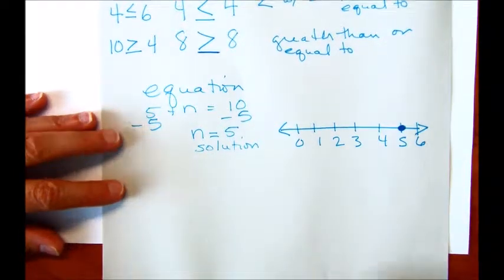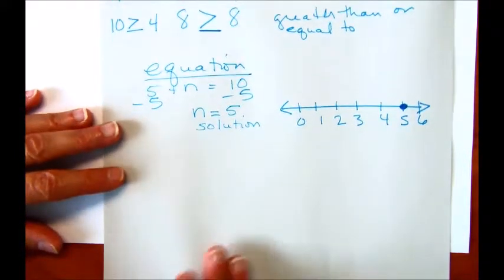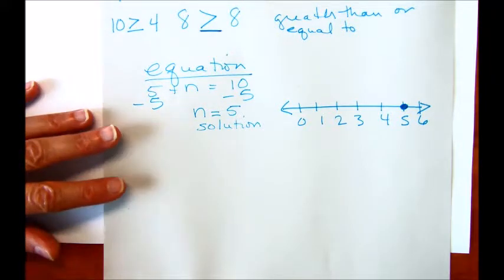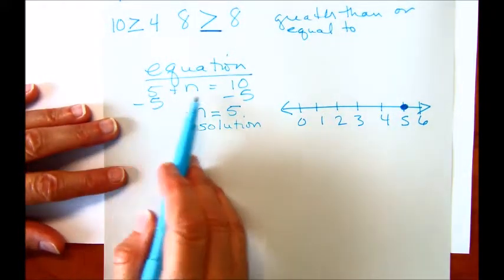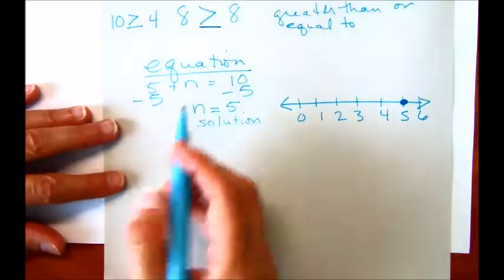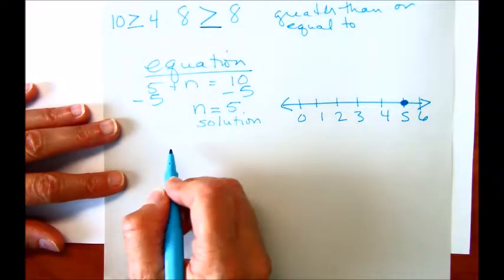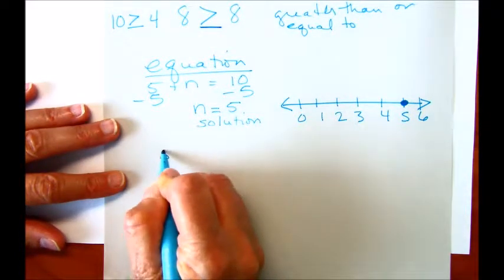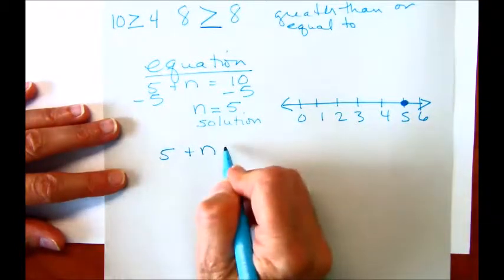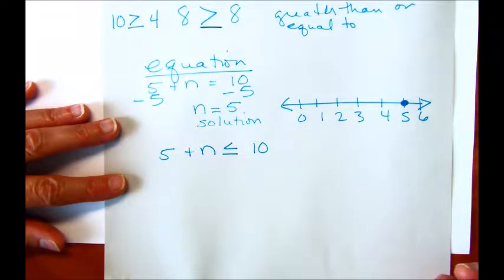All right, now this is an example of an equation. I'm going to give you a view of what it would look like as an inequality, and I'll use the same numbers. The only thing we're going to change is the sign here. So let's say we have 5 plus n is less than or equal to 10.